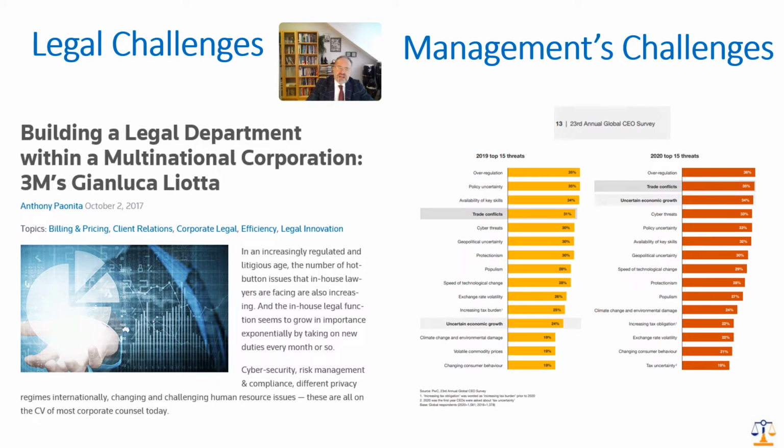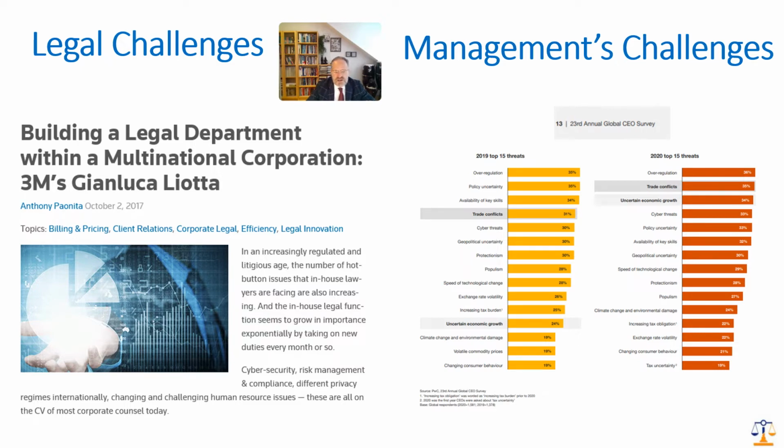Now, on this slide, you see on the left-hand side a little quote from an article. The article quotes the words of the in-house counsel of 3M, a big multinational company. They have a legal department, and this legal department, which is referred to here as the in-house legal function, is increasingly confronted with new areas of risk.